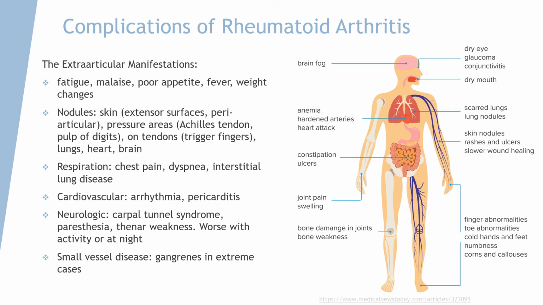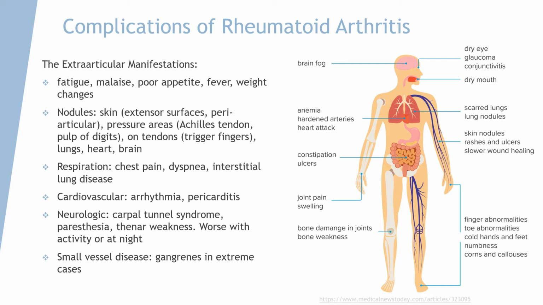On the skin, there can be nodules, especially on the side of your elbow or your knee extensor surfaces, and the periarticular areas. The pressure areas, especially the joint parts that receive a lot of pressure, and on tendons.